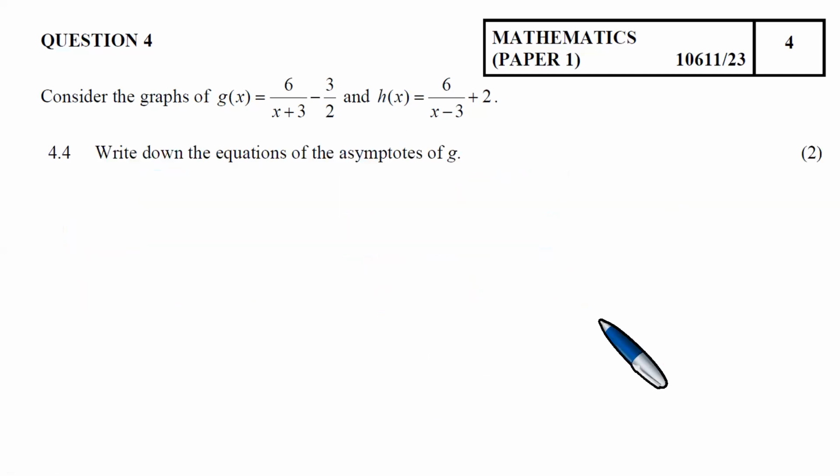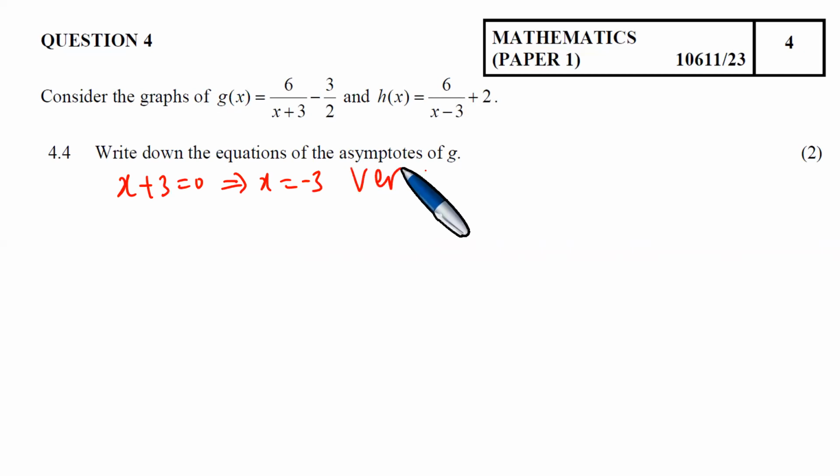Next question. Write down the equations of the asymptotes of G. Right, the asymptotes of G, or the parts where the function itself would be undefined. So to get the asymptote, you say x plus 3 is 0, which means x equals minus 3. And this is a vertical asymptote.